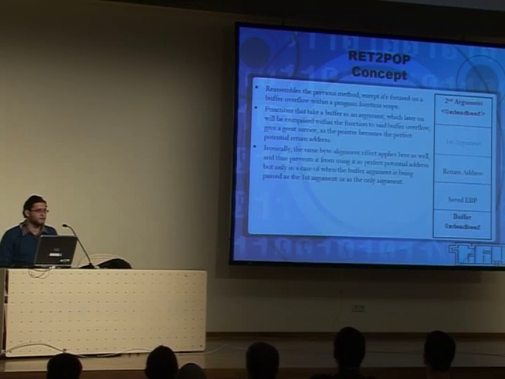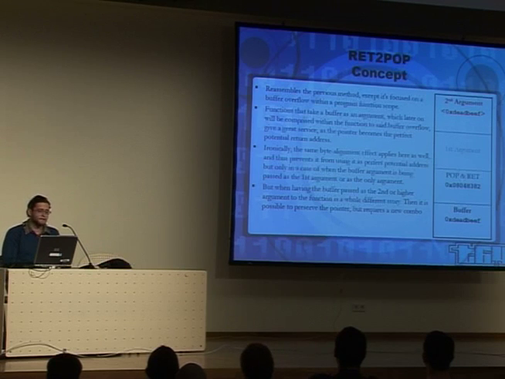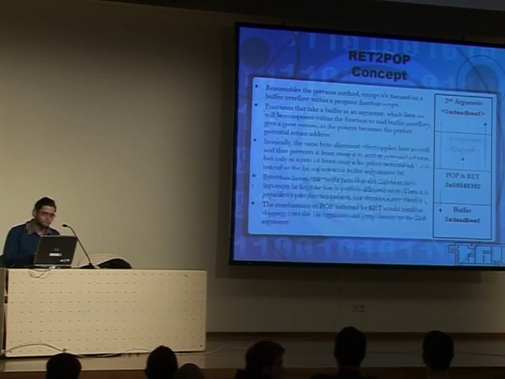Ironically, the same process, the same null byte effect happens here as well, but we want to preserve the pointer. So we need a new combo. We can't use the first argument because it does suffer the impact of the null byte override. But if the buffer is passed as the second or higher argument, we can actually do refactorize it. We just need a new combo.